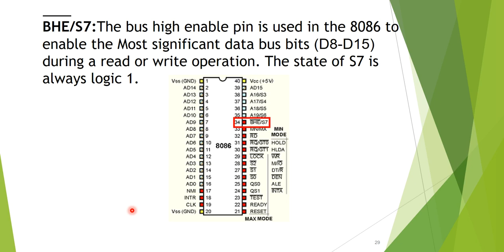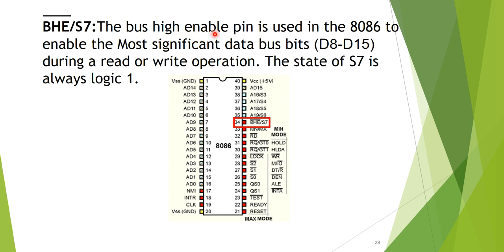Then the last signal which we use in general purpose is BHE bar or S7. This BHE means bus high enable.